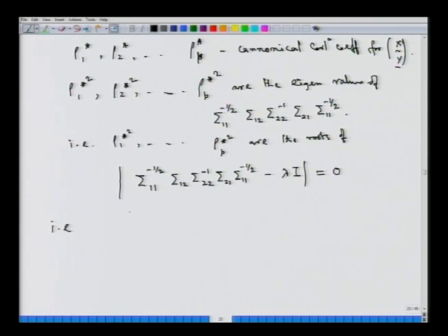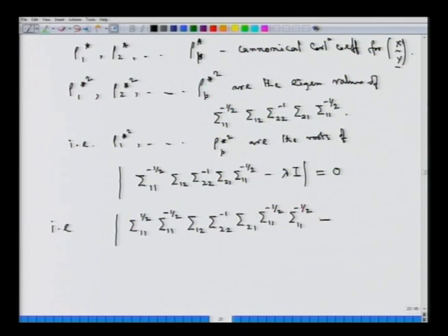Now, here what we will do is to pre and post multiply with suitable matrices, such that, let me write those matrices. This is sigma 1 1 to the power half, say here, pre multiplication, sigma 1 1 to the power minus half, sigma 1 2, sigma 2 2 inverse, sigma 2 1, sigma 1 1 to the power minus half, and this gets post multiplied with sigma 1 1 to the power minus half.